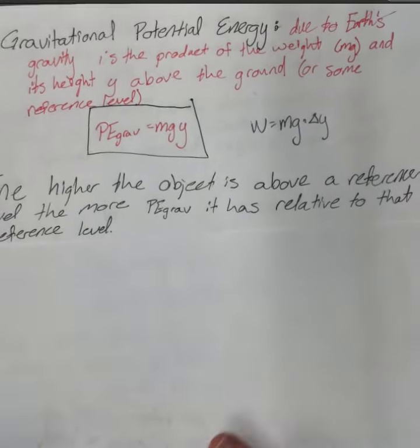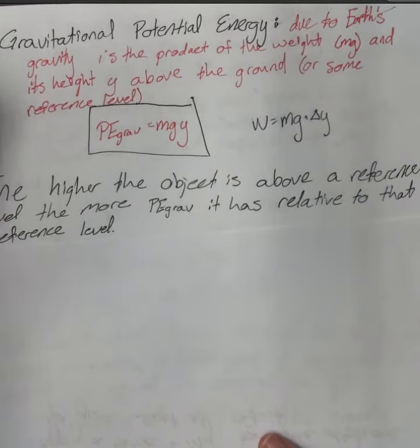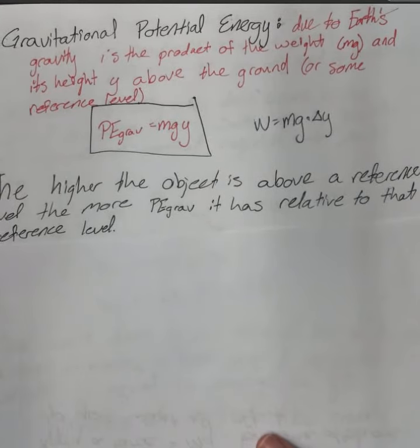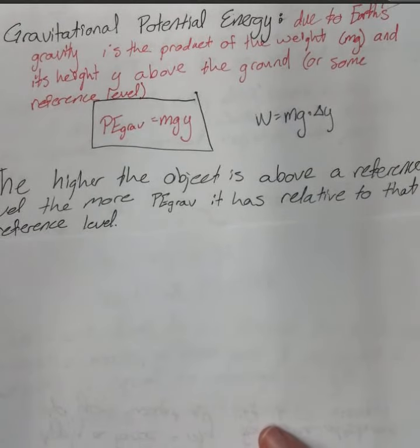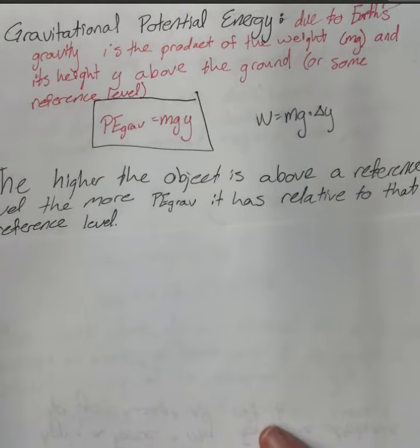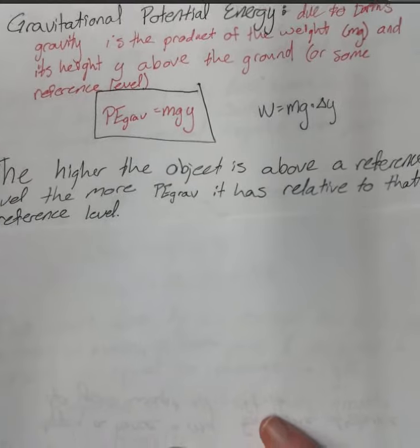And so that brings up another point, which is the higher the object is above a reference level, the more potential energy due to gravity it has relative to that reference level. An object that's 2 meters above the ground would have more potential energy than an object that was 1 meter above the ground, and it would have less potential energy compared to an object that was 4 meters above the ground.